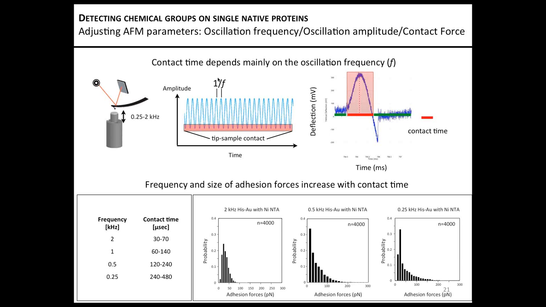The reason for this range is that we also modified contact force and amplitude. The amplitudes that we normally use for high resolution imaging are between 10 nanometers and 40 nanometers. If you use a higher amplitude, of course, at the same frequency, the tip is moving faster, so the contact time will be reduced. So for example, this 30 microseconds will be at a higher amplitude and 70 microseconds will be at the lower amplitude.